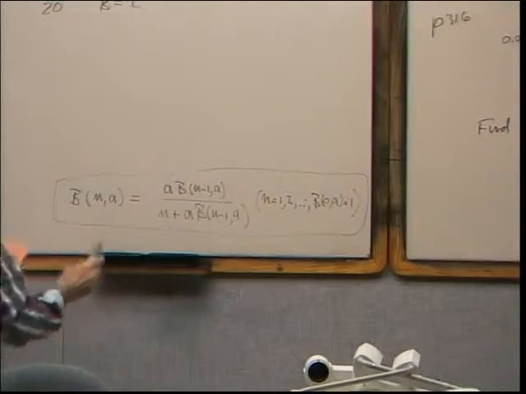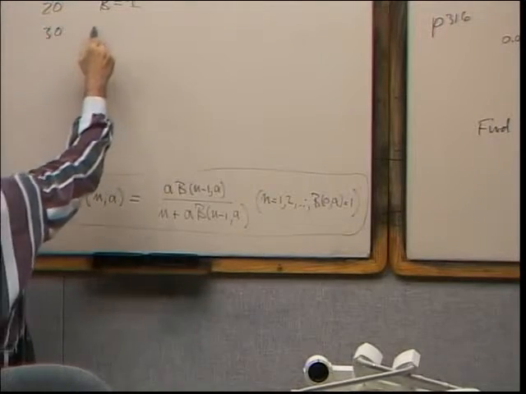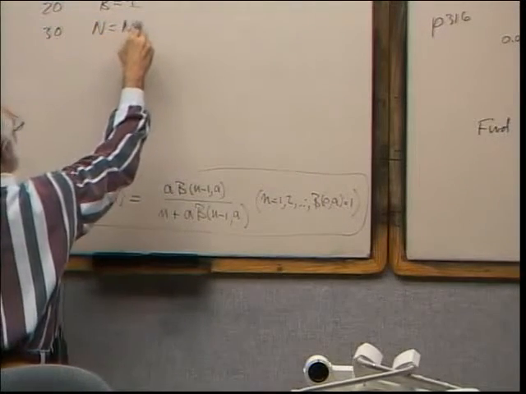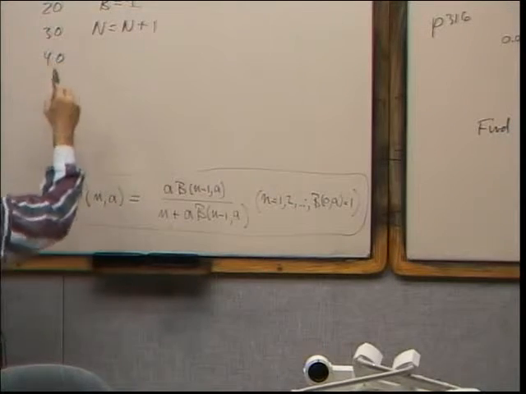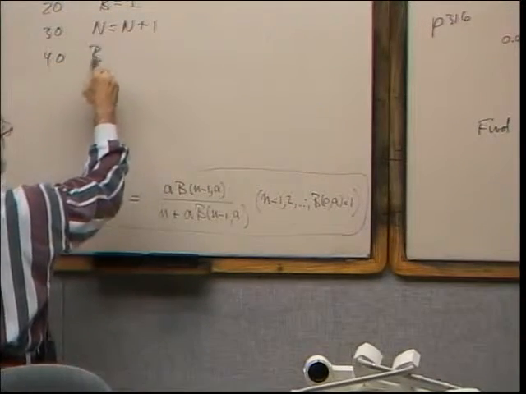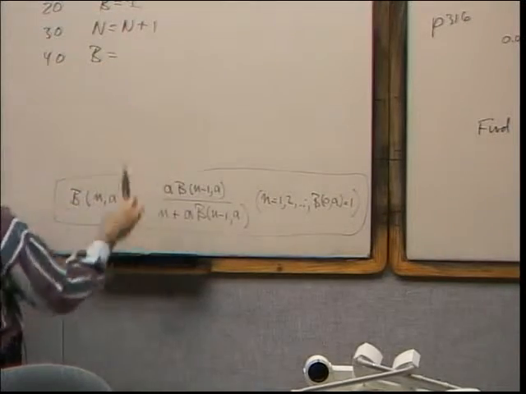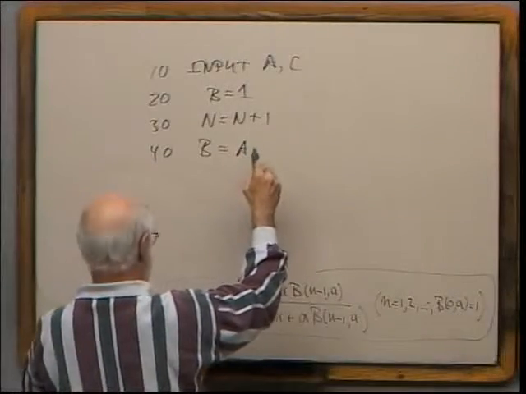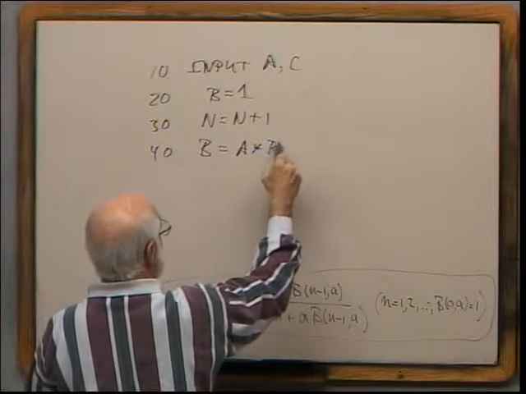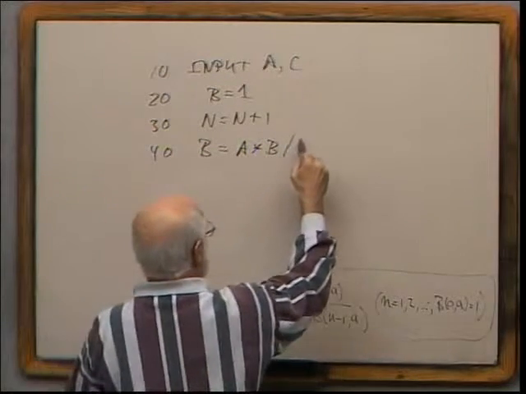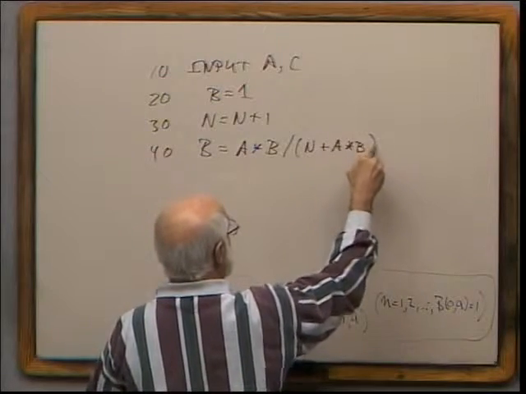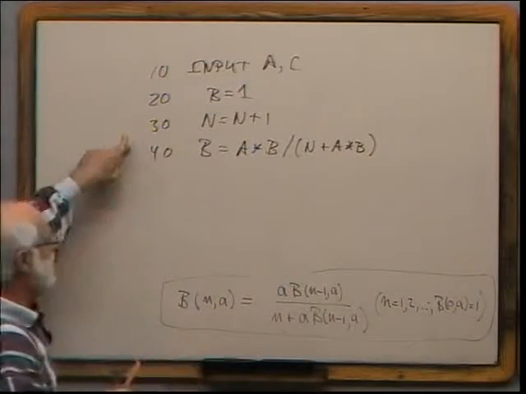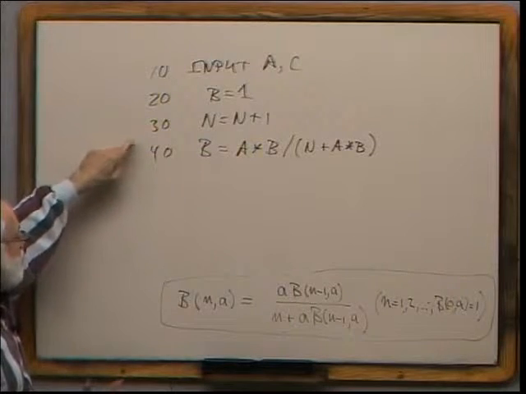Statement number 30 increments the number of servers by 1. And then statement number 40 is the essential statement. It says that the Erlang B is equal to A times the previous Erlang B value divided by N plus A times B. In other words, statement number 40 is the basic representation of this recursion.